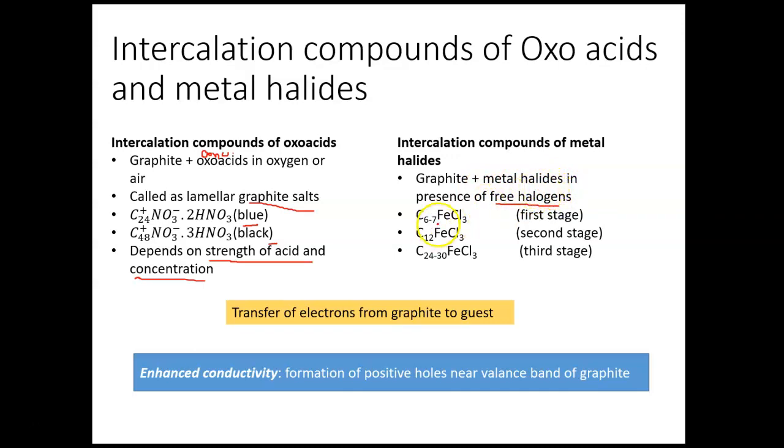These intercalated metal halides will be Lewis acids, and they can form first stage, second stage, third stage intercalation compounds, etc. An example is given here.